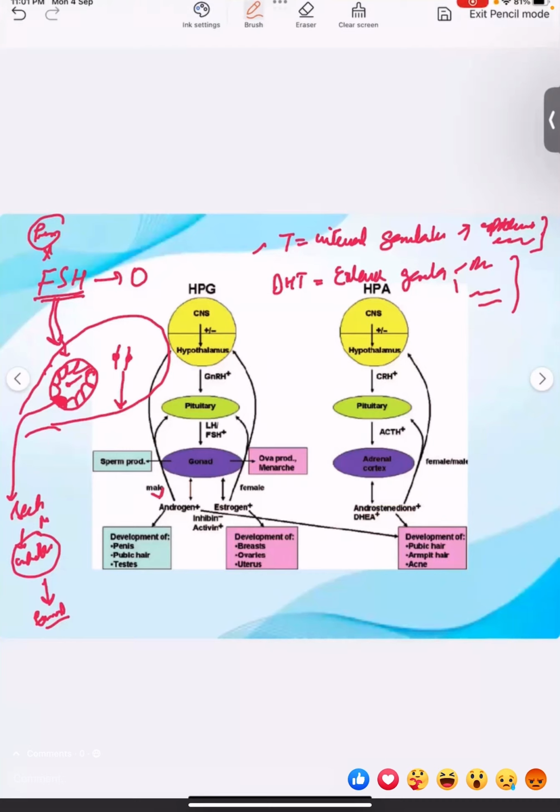Pubic hair formation in the female, this may be a premature adrenarche or that may be a case of peripheral precocious puberty. Okay, pubic hair formation in case of male where testicular volume is normal, this is a case of peripheral precocious puberty. Okay, clear?